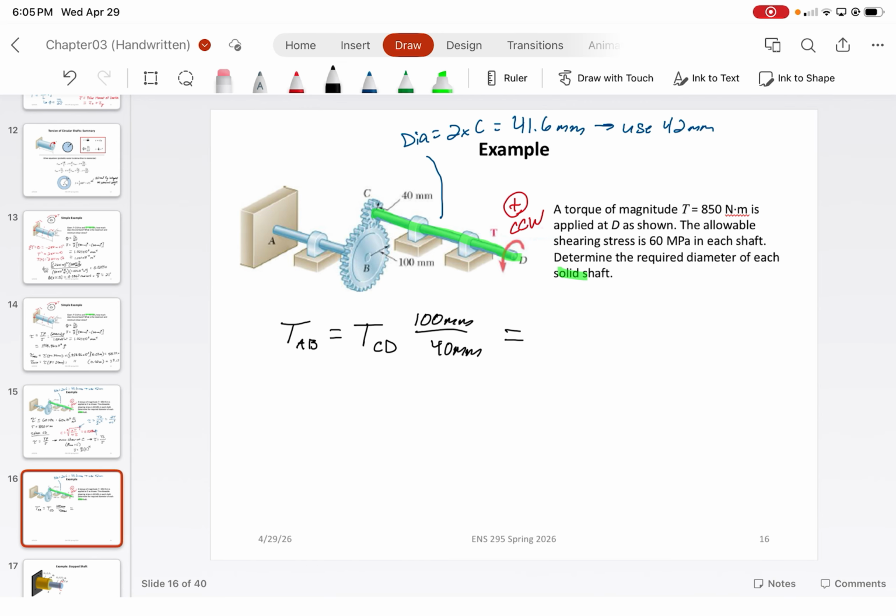So this would just equal 850 Newton meters multiplied by 100 over 40, which should give us a torque of around 2,125 Newton meters. And then if you wanted to find the actual force that's transmitted through the gears, just divide the torque by that radius.